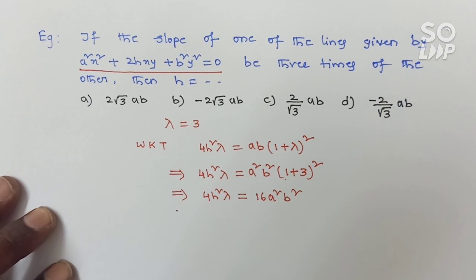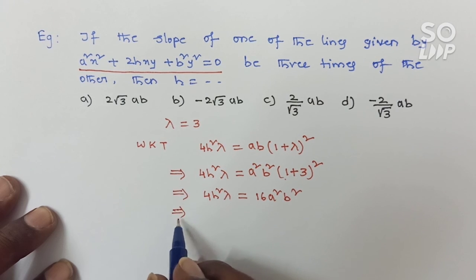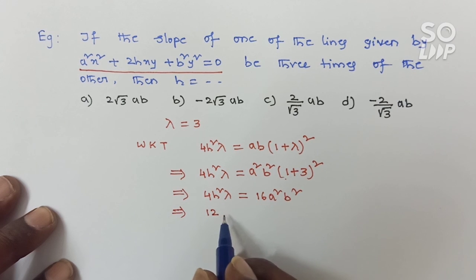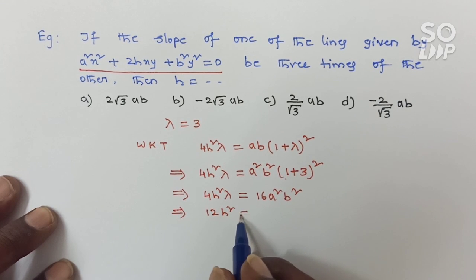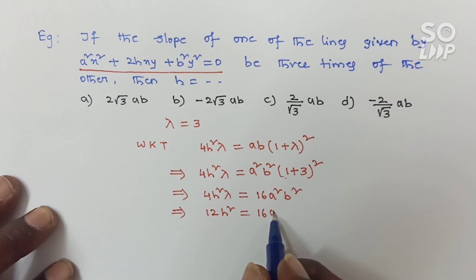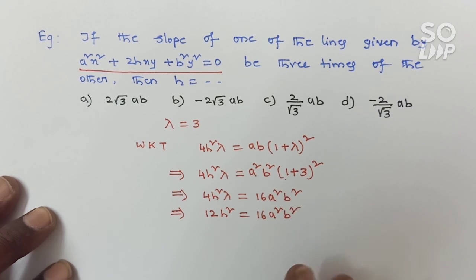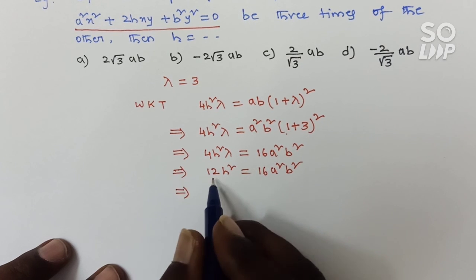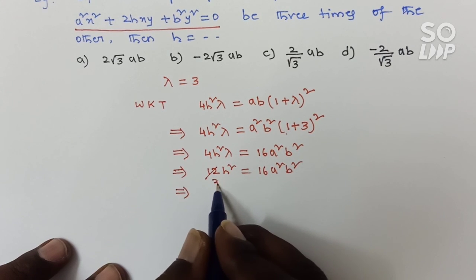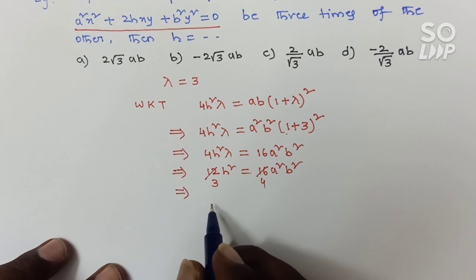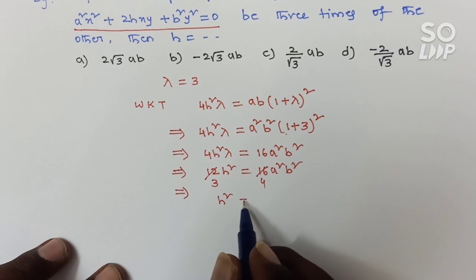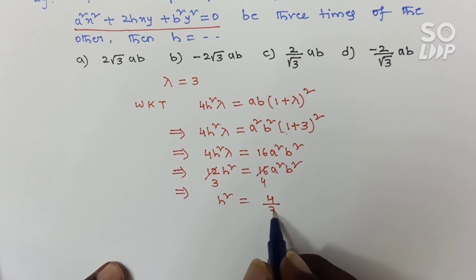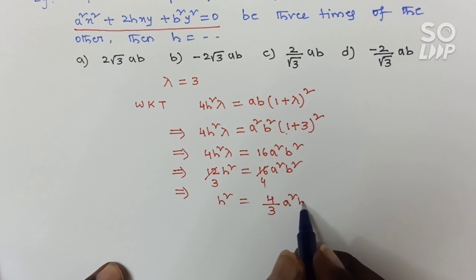That means you can write this value lambda is equals to how much? 3. So 12 into h square is equals to 16 into a square into b square. From this we can write that 4 3s are 12, 4 4s are 16. That implies h square is equals to 4 by 3 into a square into b square.